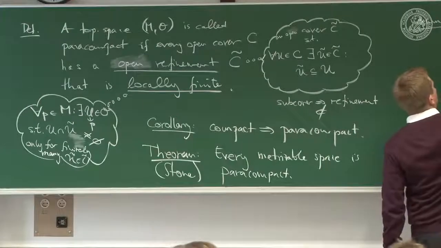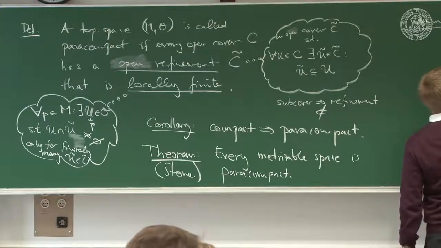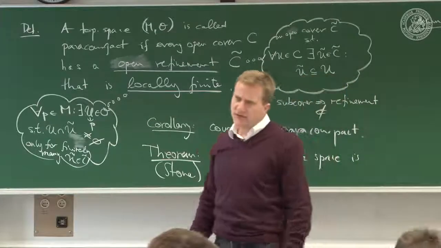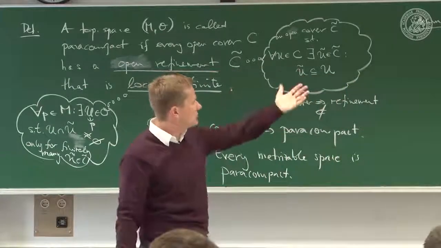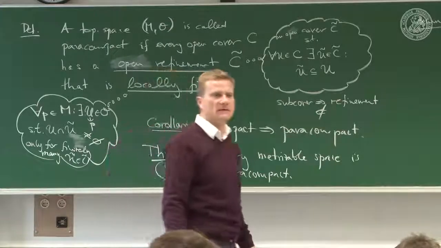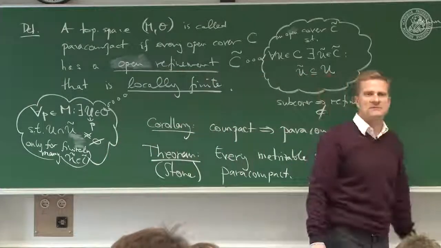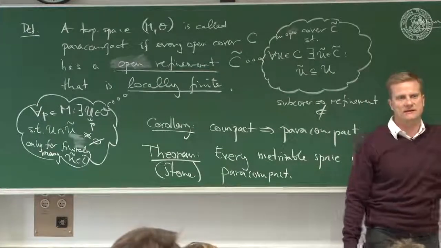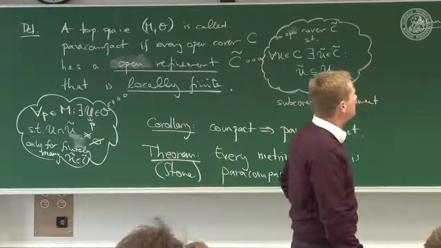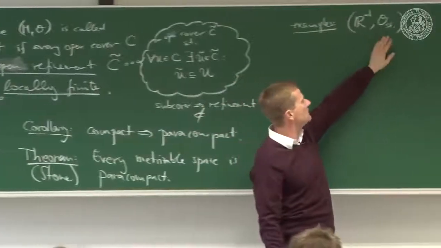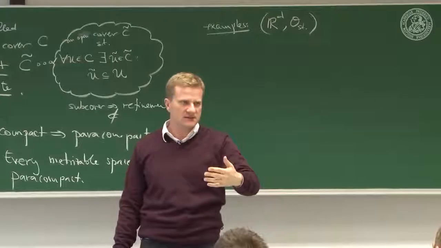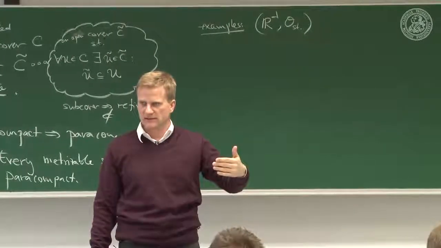So R^d equipped with the standard topology. Sometimes I will probably forget to mention with what topology I equip R^d, but whenever I don't specify, I mean the standard topology. That's the standard convention. Especially in the beginning, it's useful to always remind oneself that R^d can be just a set, the d-tuples.